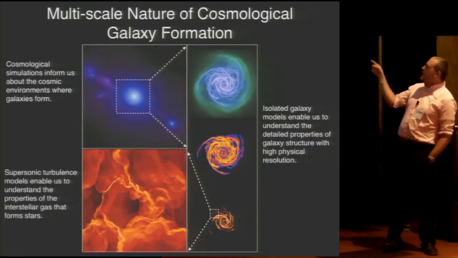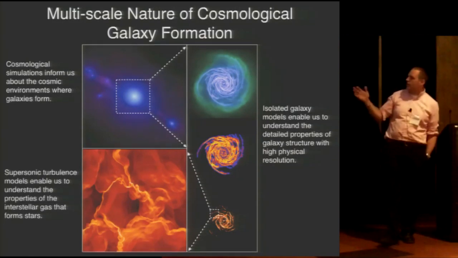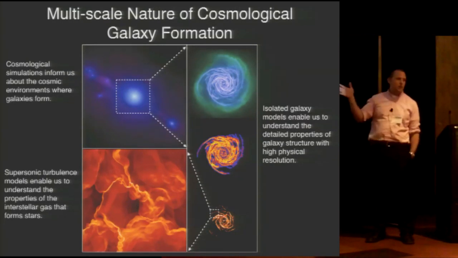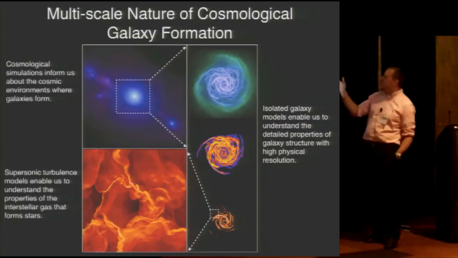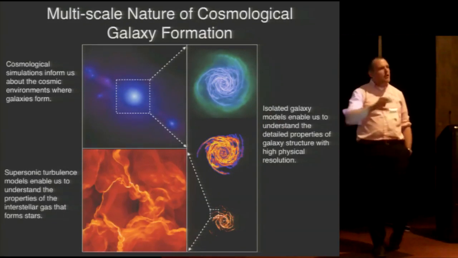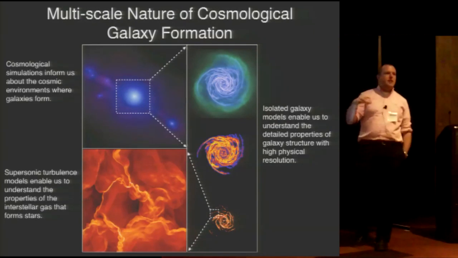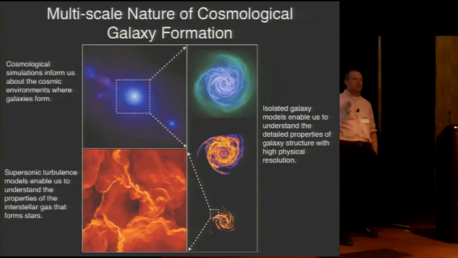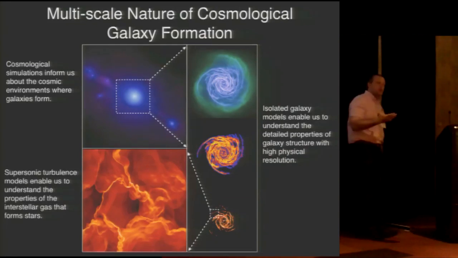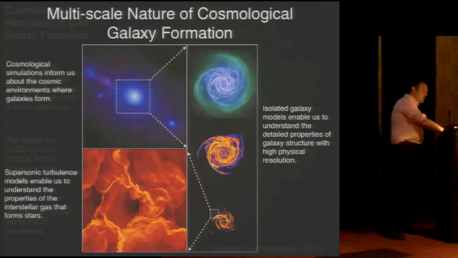If we go down in scale by quite a bit, by a factor of 10 or so, you can see that there are galaxies that form, and these are simulations. These are all simulations I've done. This is a simulation of individual galaxies I'll tell you more about. And then if we look by more than a factor of 10 below that, the properties of the interstellar gas in galaxies is highly supersonically turbulent. And so we're interested in astrophysics in supersonic turbulence for this reason. I'll tell you more about that as well. Okay.